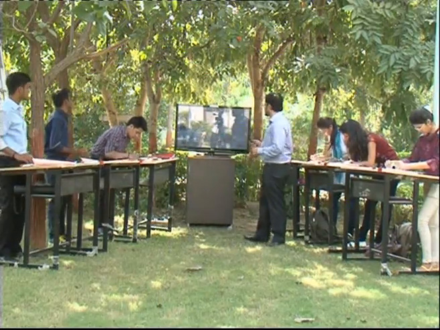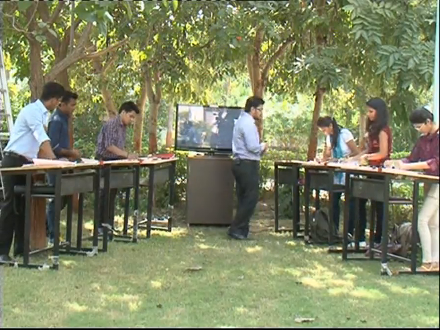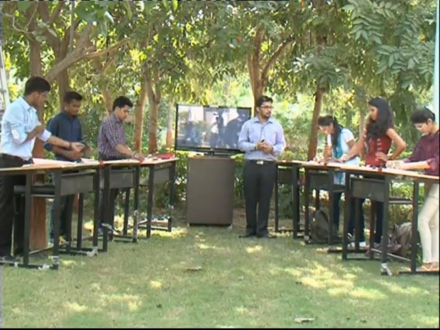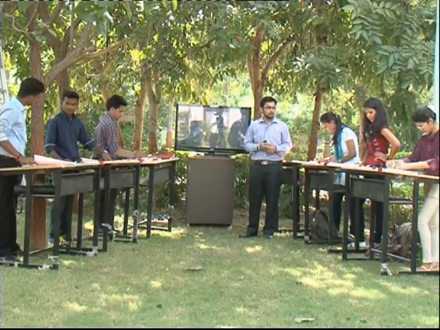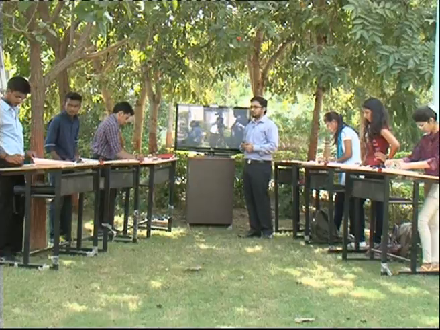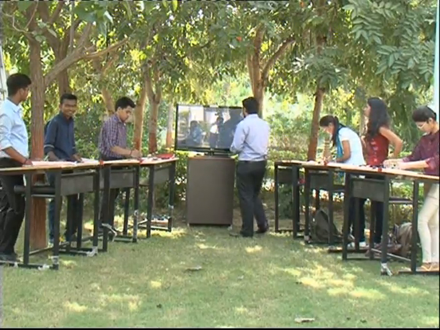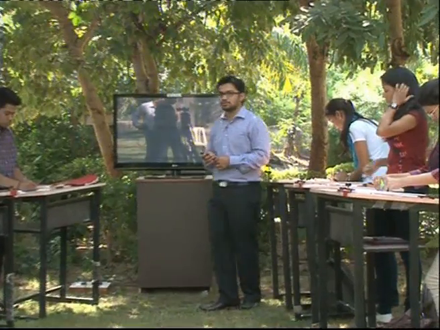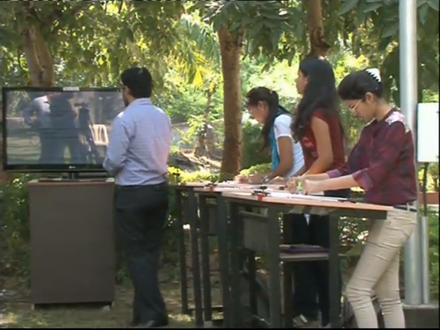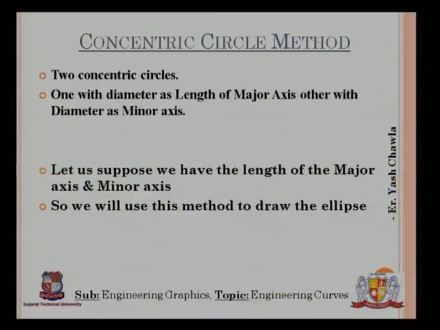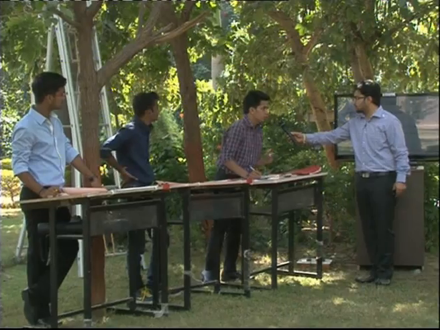Chaliye, okay, let's move on to the next one, the concentric circle method. Okay, we'll complete it then. Yeah, we'll move on to the concentric circle method. Now what happens in the concentric circle method is that we have, what is a concentric circle? What is a circle within a circle?